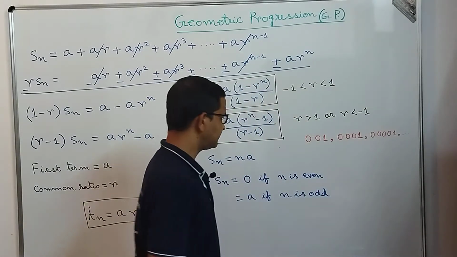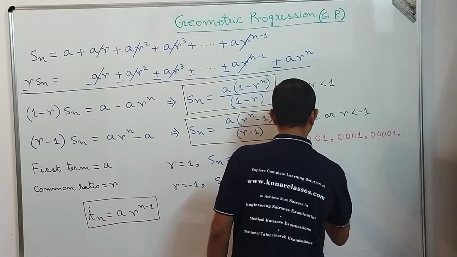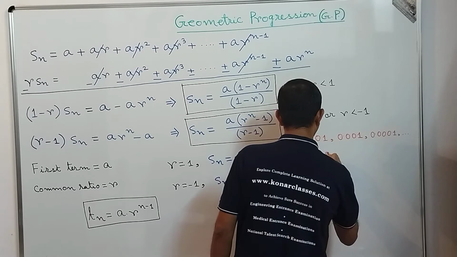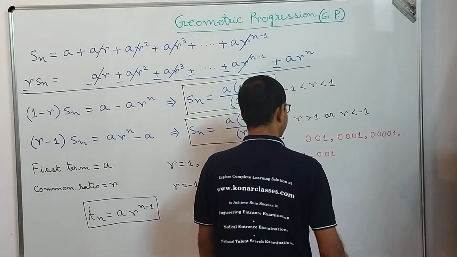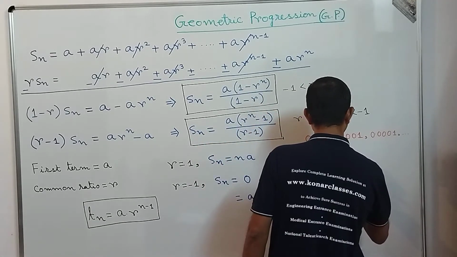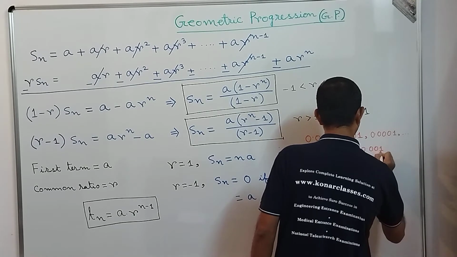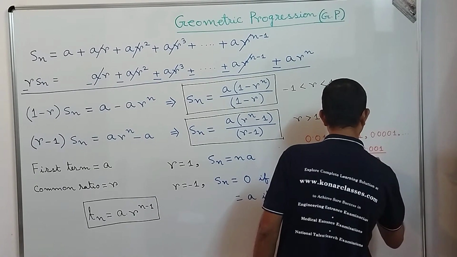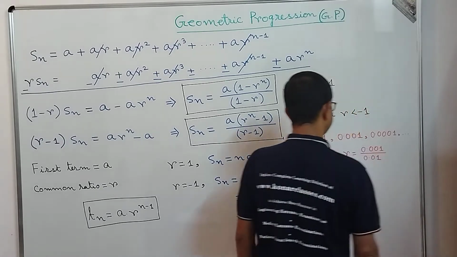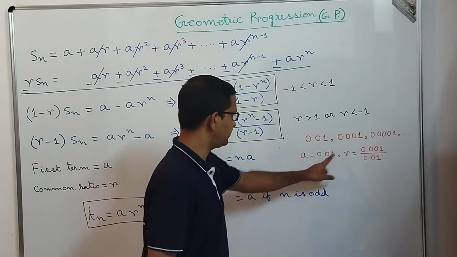So what is the first term? First term a is equal to 0.01. And what is the common ratio, dear students? So the common ratio is 0.001 divided by 0.01. Correct? So that is the common ratio.